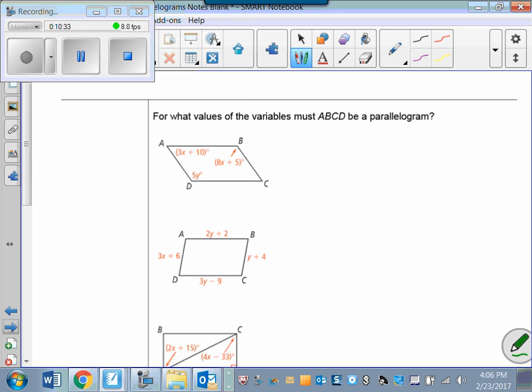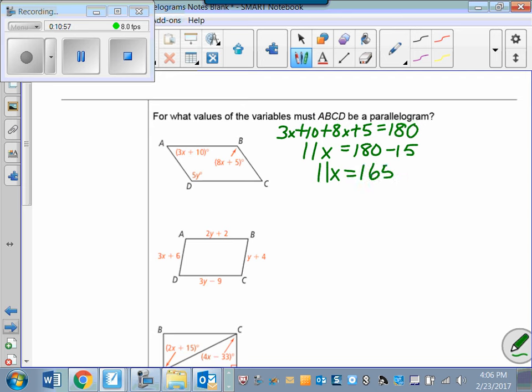Because they're consecutive angles. So I know that 3x plus 10 plus 8x plus 5 has to be 180 because those angles have to be supplementary. So let's see what I got here. 11x equals 180 minus 15. 11x equals 165.